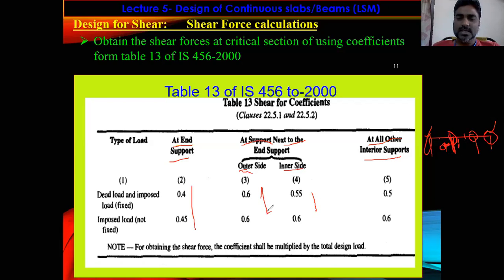So if you calculate the shear forces, both are at the same support, but from this side and from this side, right?